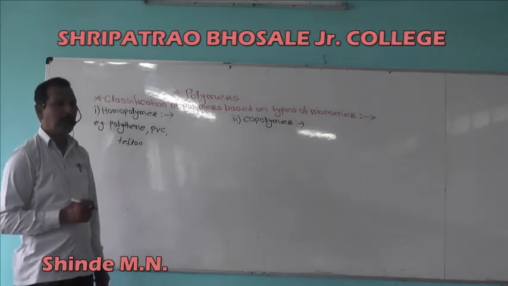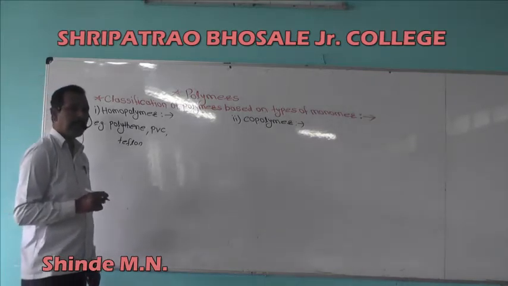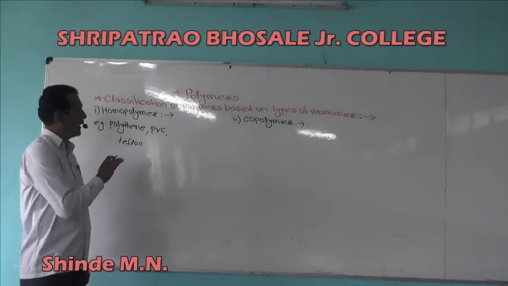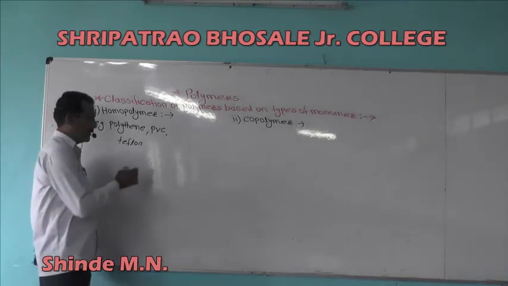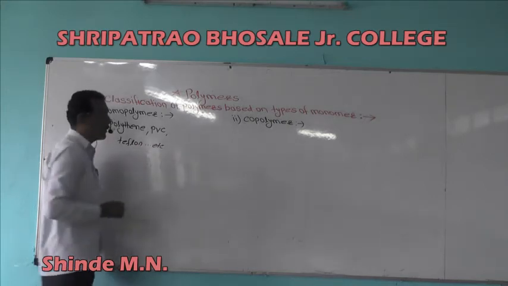So all these polymers are homopolymers, that is they are made up of only one kind of monomer, and therefore they are known as the homopolymers.